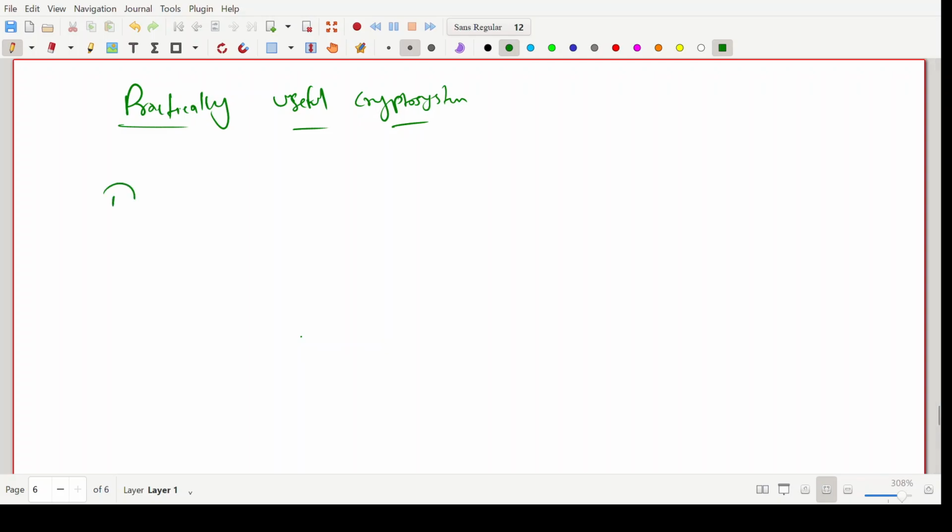The first property: encryption function and decryption function should be easily computable.